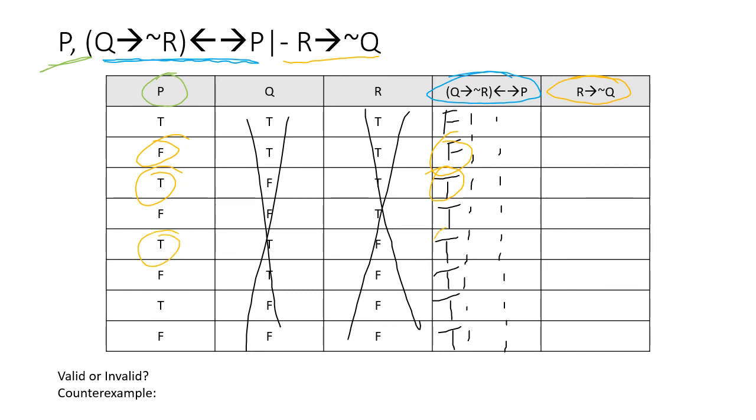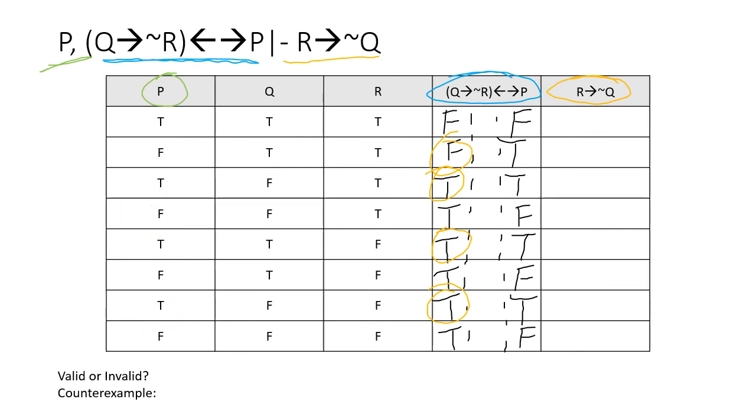And here. So they're going to be true in these situations and false in the others. And erase this column now because we won't need it anymore.